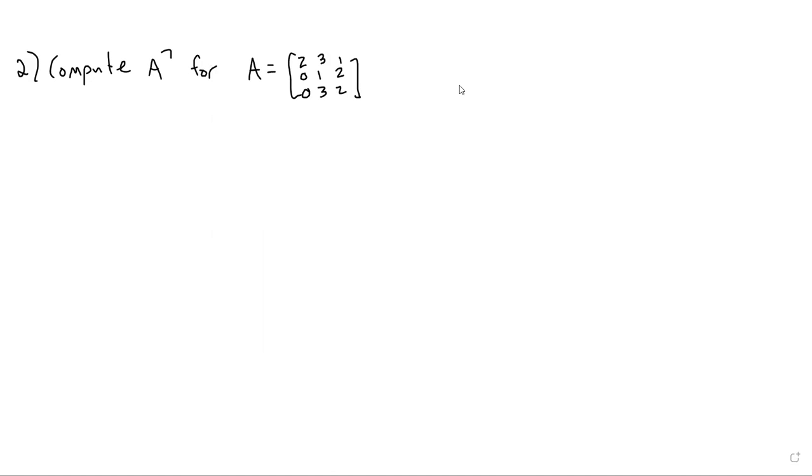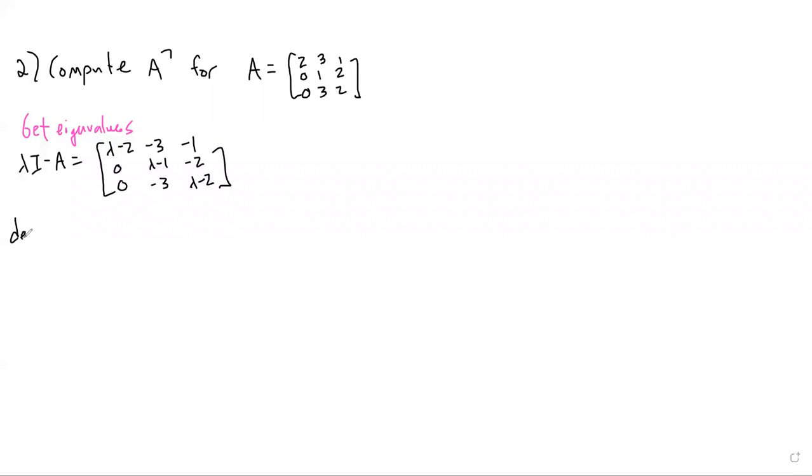So as always, the first thing we need to do is get our eigenvalues. And so I'm going to do lambda I minus A, which is going to be lambda minus 2, -3, -1, 0, lambda minus 1 and -2, and 0, -3, and lambda minus 2.